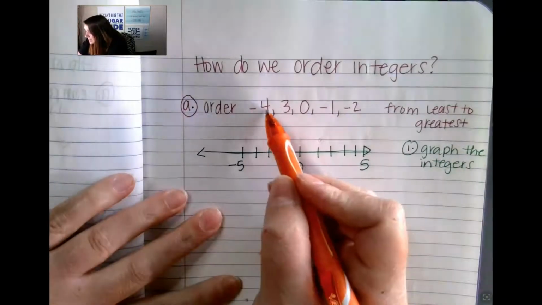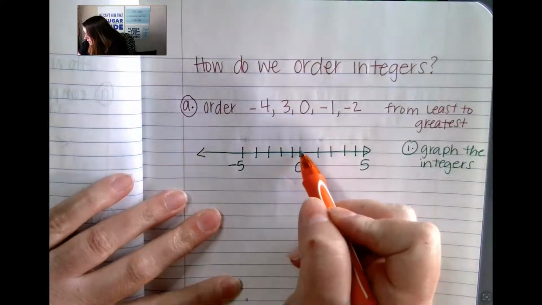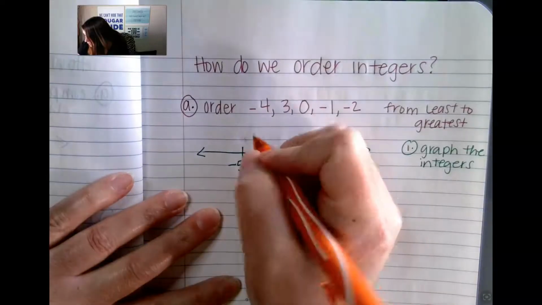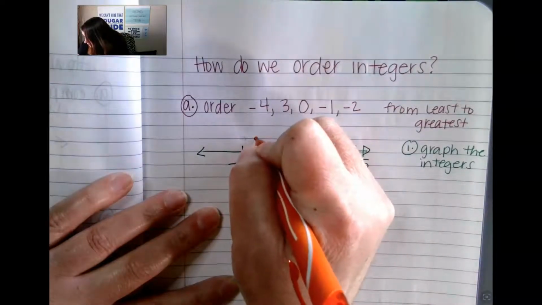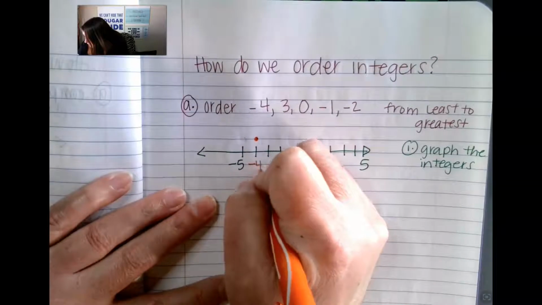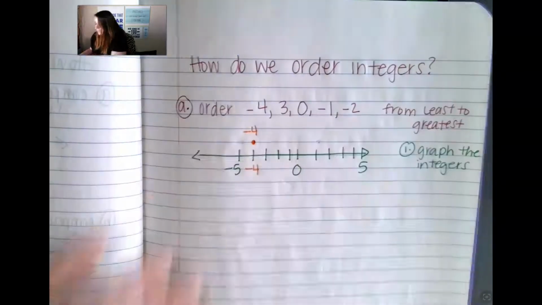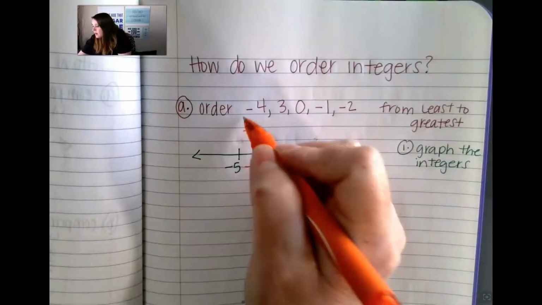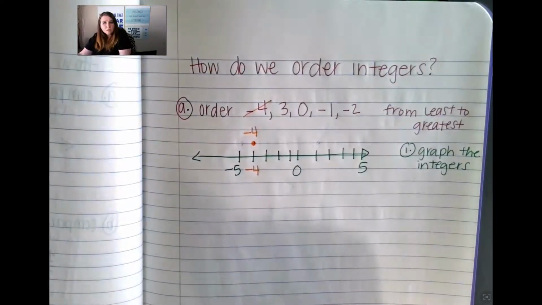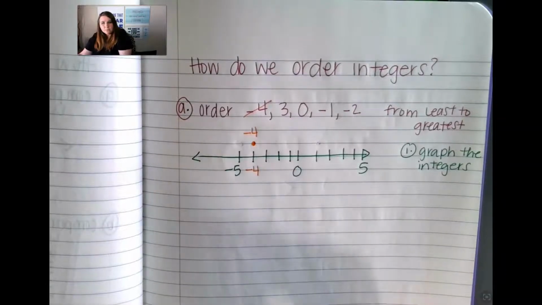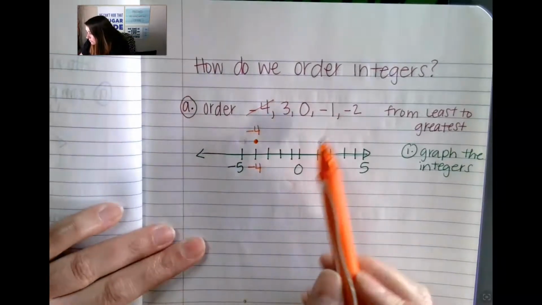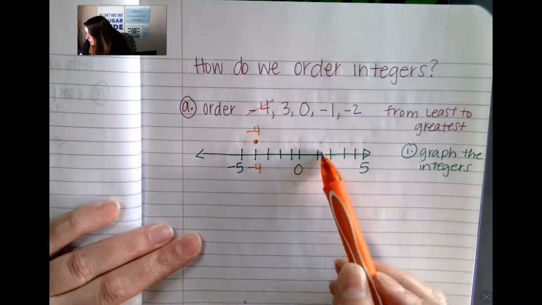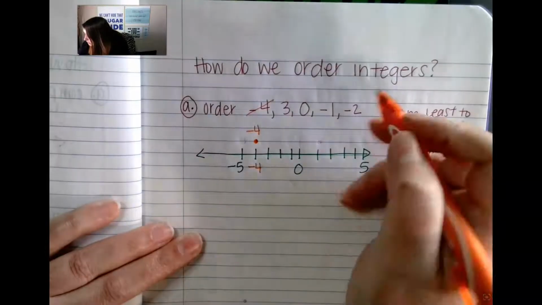So the first one is -4. So -4 is -1, -2, -3, and -4. So it's right here. This is -4. That's that one. Okay, the next one that we're looking at, let's go ahead and cross that one off so that we don't get confused, is 3. So we're going to look for +3. +3 will be on the right of the number line, 1, 2, 3 spots.